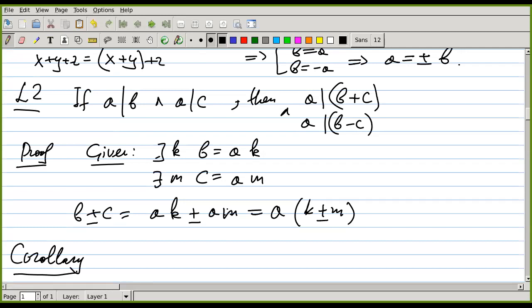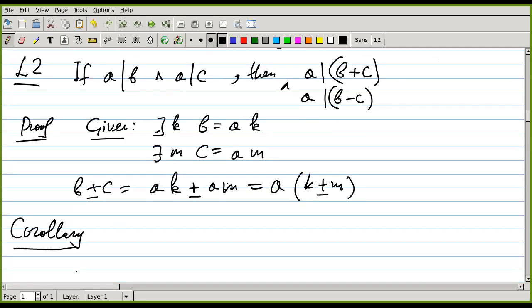As a corollary, corollary means следствие, that is something which follows from the previous lemmas, theorems, or a few of them.